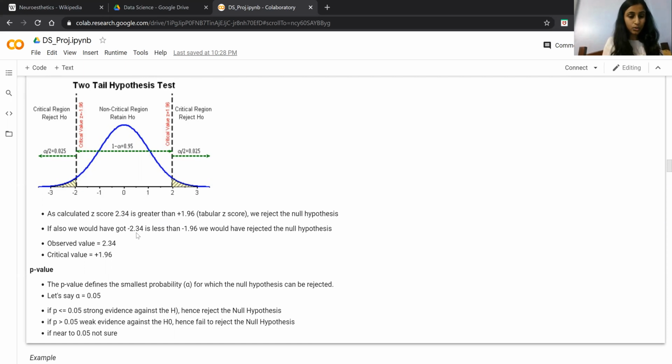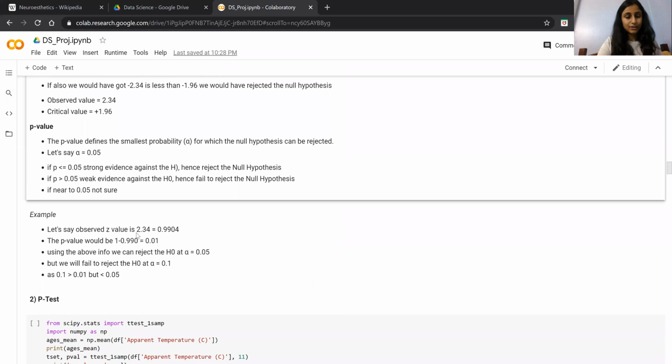On the left-hand side, we would have got minus 2.34, which is lesser than minus 1.96, and so we reject the null hypothesis. The critical value is plus or minus 1.96.